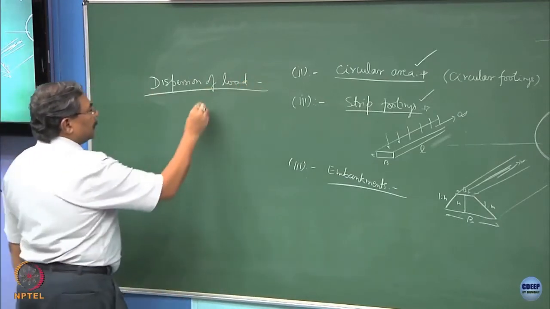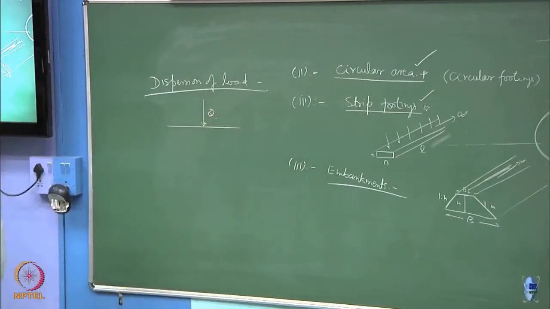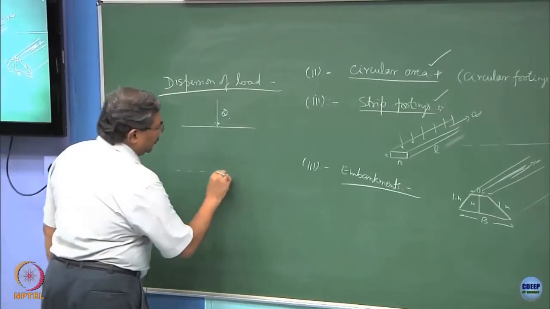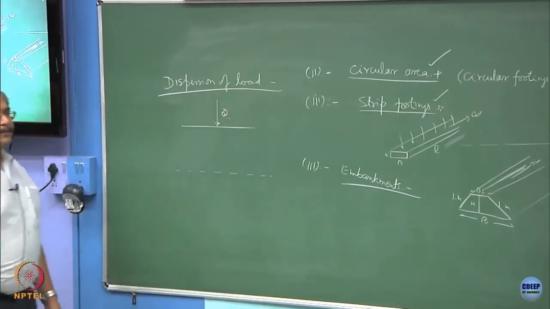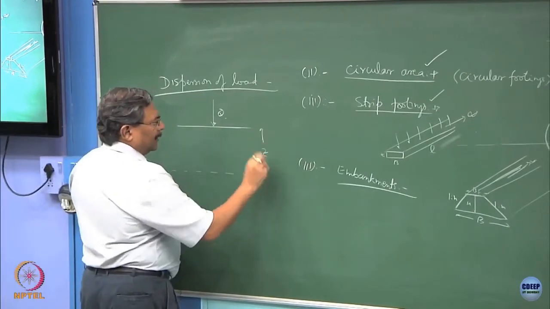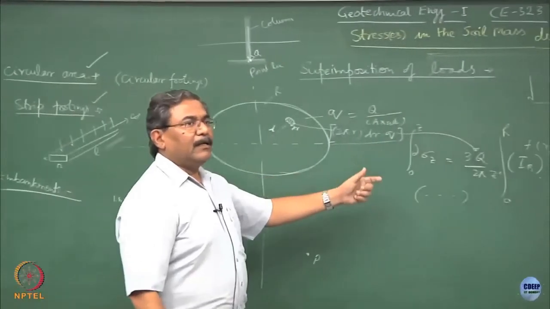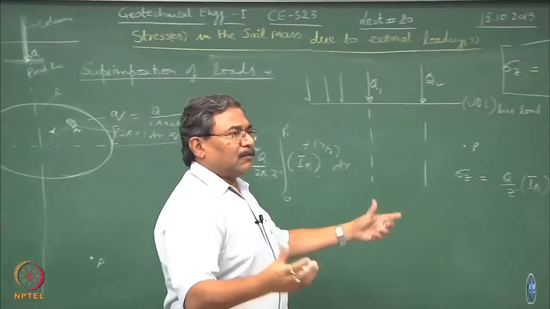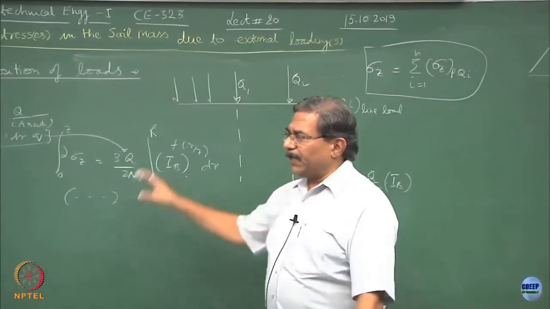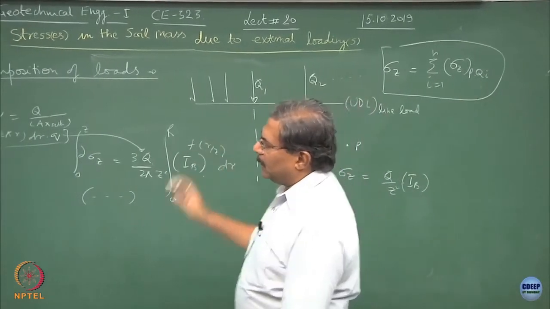So suppose there is a Q load which is acting, and I want to find out what is the state of stress in the gross terms as a designer at a depth of, let us say, z, and I do not have time to do this analysis. I am just doing the first DPR to tell you what is the cost of the project. So I do not want to go into the intricacies, I do not know how much time it is going to take me to analyze all these things.